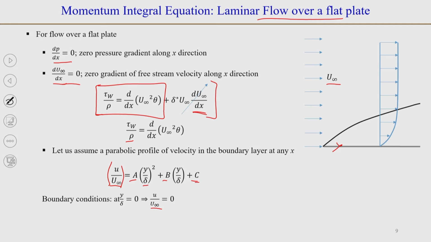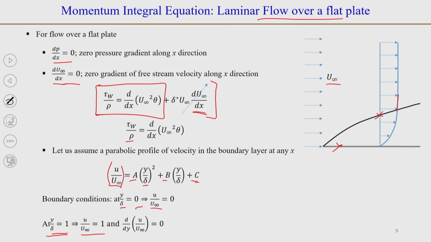We have 3 constants here, a, b and c. The first boundary condition is the no-slip boundary condition on the wall: at y equal to 0, which is at the wall, u is equal to 0. The next boundary condition is at y by delta equal to 1, which is the edge of the boundary layer. At y by delta equal to 1, you will have u equal to u infinity, or u by u infinity equal to 1, and the velocity gradient here will be 0.